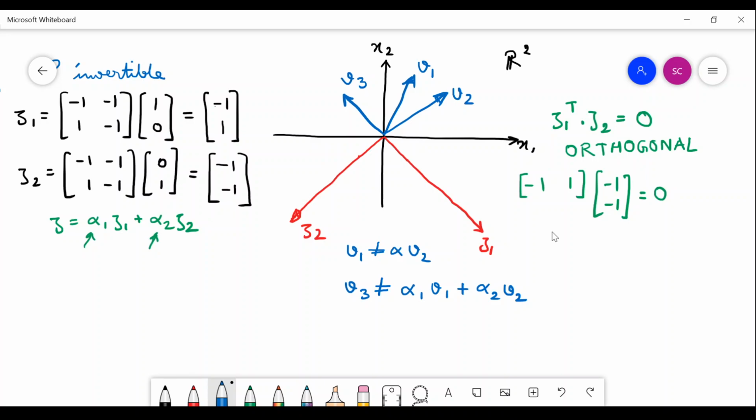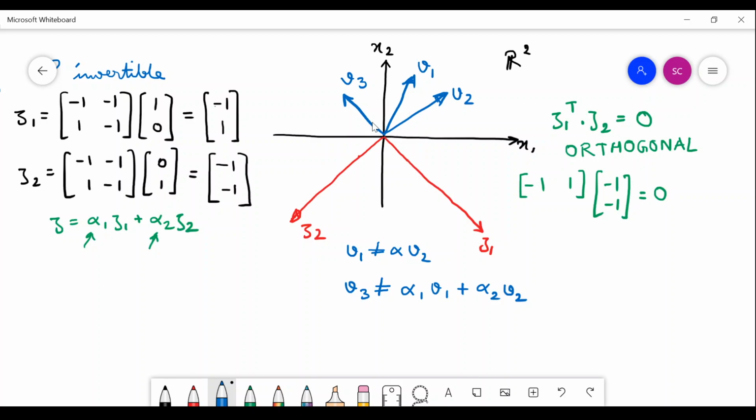Using the same argument, suppose this v3 comes outside this plane, this x1 x2 plane. Suppose it is the x3 axis which is orthogonal to x1 and x2.